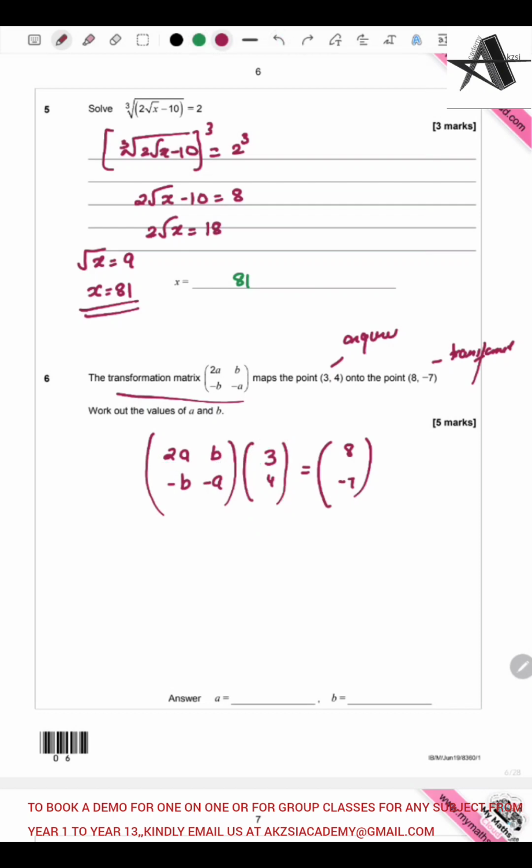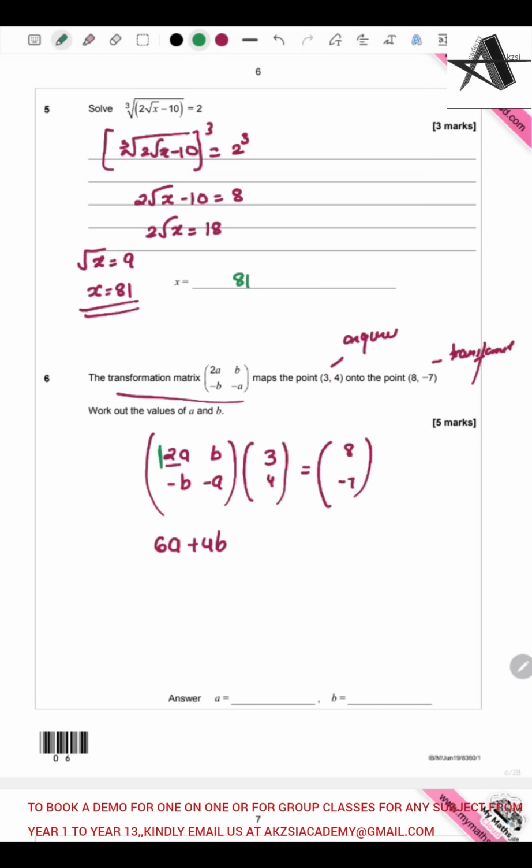Because I have selected this row and this column, I need to multiply 2a with 3 plus 4 into b. This we have to do. So that means 2a into 3, 6a plus 4b.